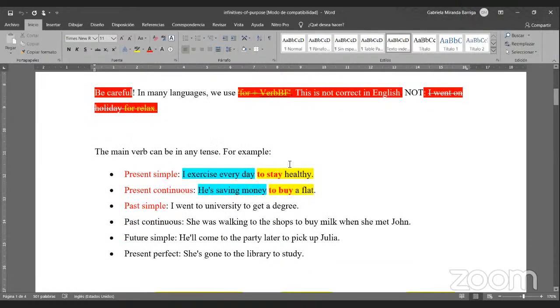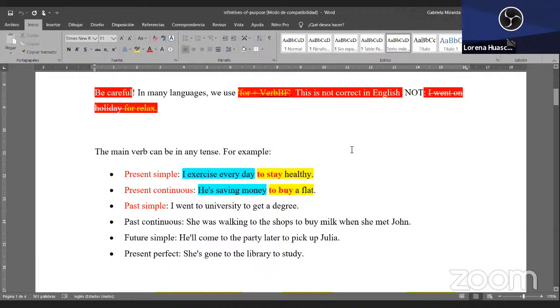Interesting. I didn't know that. Yes, many people used to use for with the verb. It is because for means para too, right? But it's not a good way in grammar. Okay?